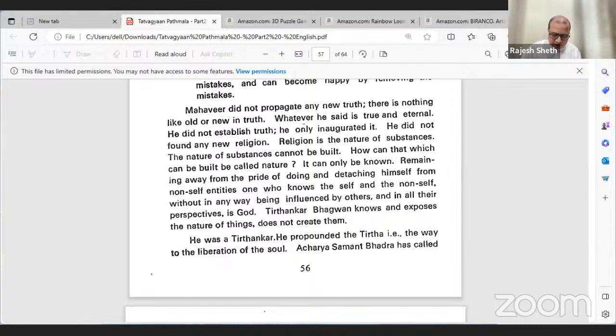So we know seven elements, but if you add merits and demerits, then it becomes nine. So what are the six substances, nine elements and five astikayas? He never knew the answer.